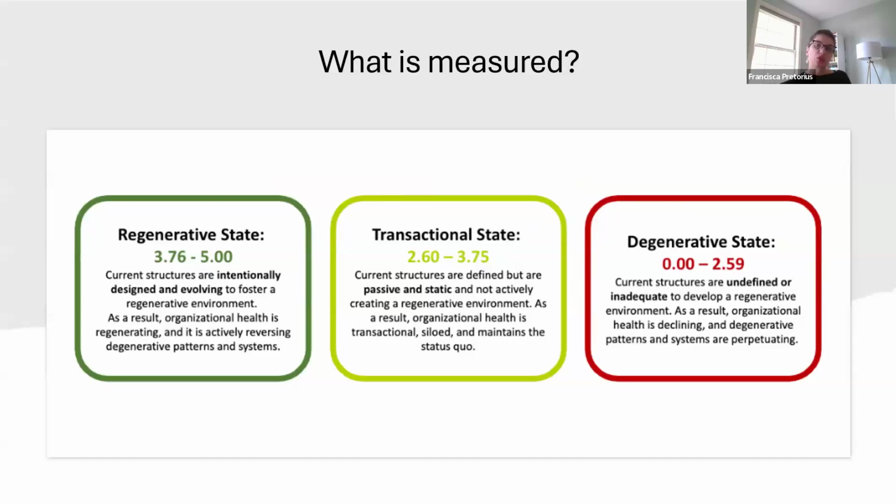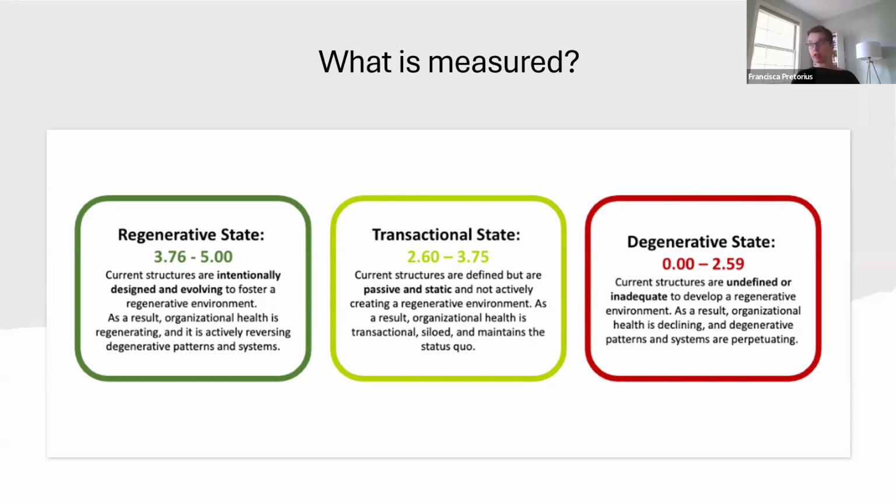The reports include scores for each category, like context, structures, work, and all those things. There's an overall score, and there's a trend score, which forecasts potential future states based on how open the organization is to change. And the scores are based on a numeric 0 to 5 scale, representing 3 states.